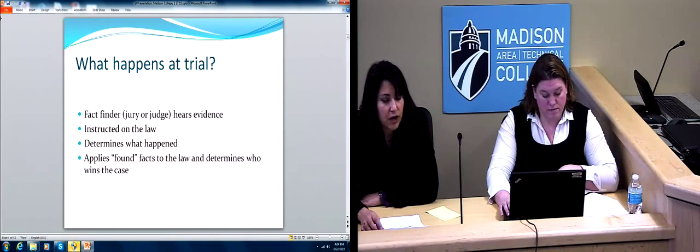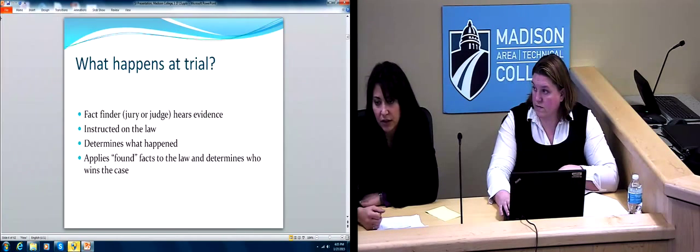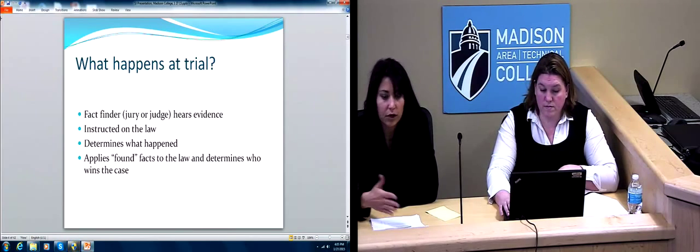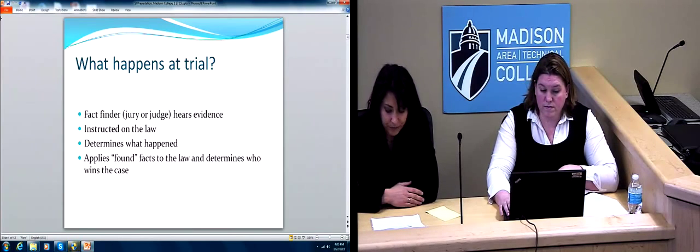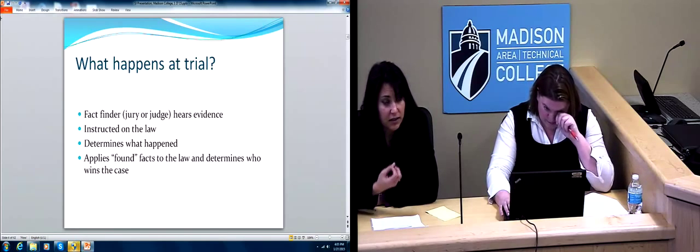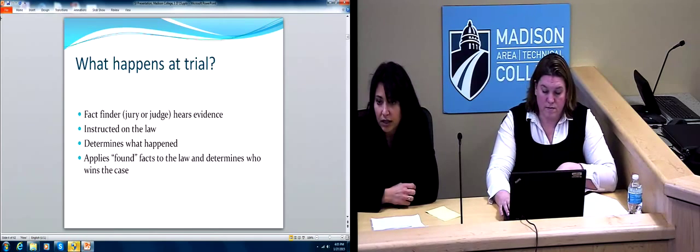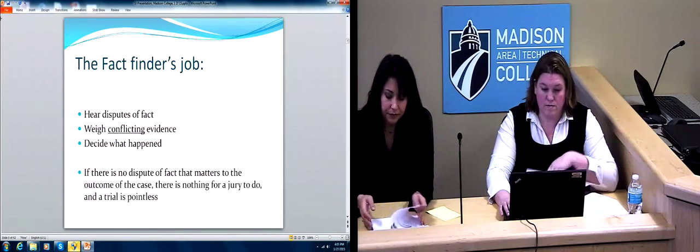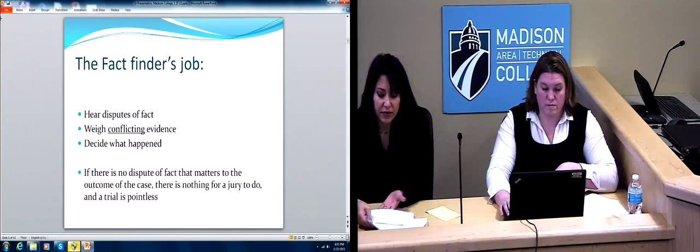If it's a bench trial where a judge is hearing the case, the judge is instructed on the law, usually in a brief that the lawyer submits to the court before or right after the evidence. The fact finder determines what happened, and then applies those found facts, the facts that they find, to the law and decides who wins. So that's the fact finder's job.